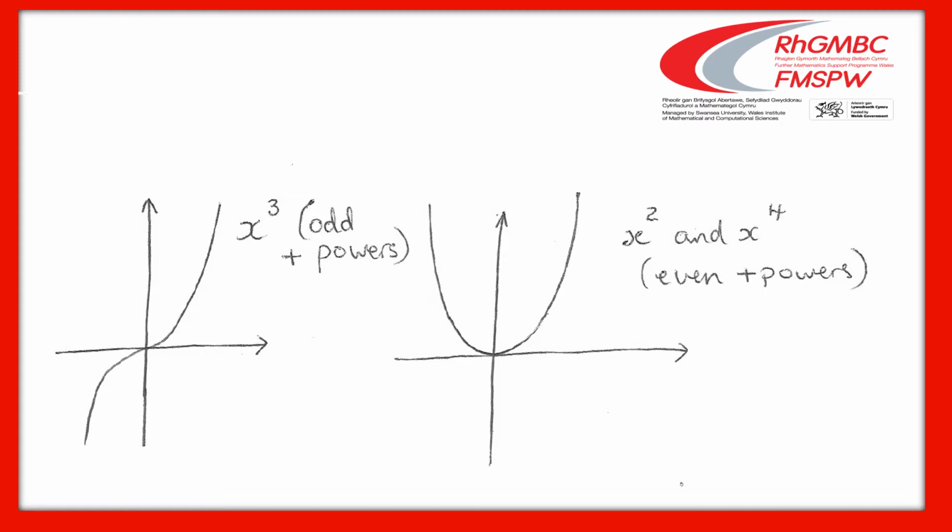But for large negative x, y is large and negative. But for the even positive powers like x squared and x to the fourth, for large positive and large negative x, y is large and positive, giving you that U shape. But for x to the fourth and x to the sixth, it might lump and bump around in between.